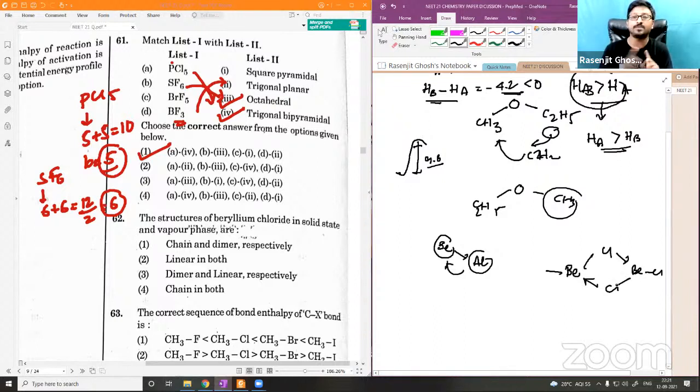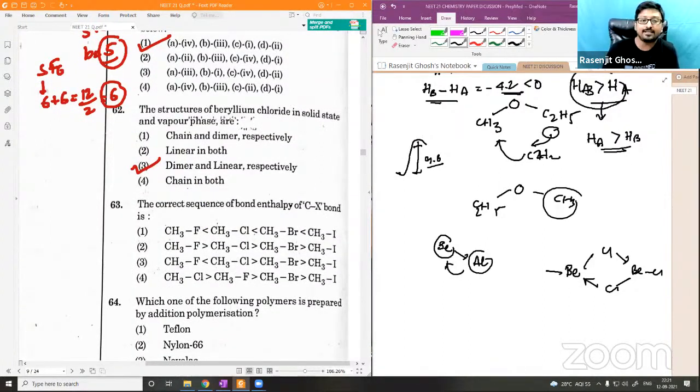Like this. It forms a dimeric structure, right? So in a solid state, it is in a dimeric structure. And when you heat the system, it will go to the vapor phase. So the intermolecular separation will happen. So what will happen? It will go to the linear form. So the correct answer will be option C, dimer and the linear form.